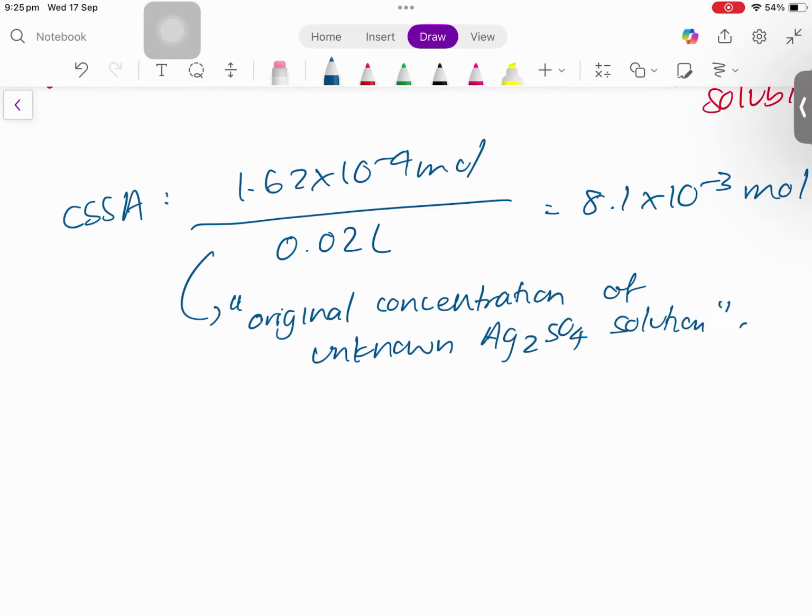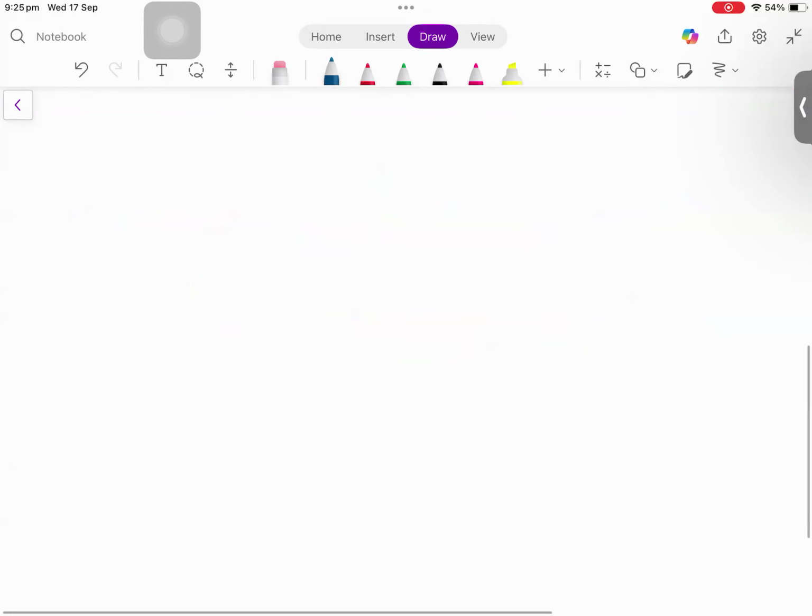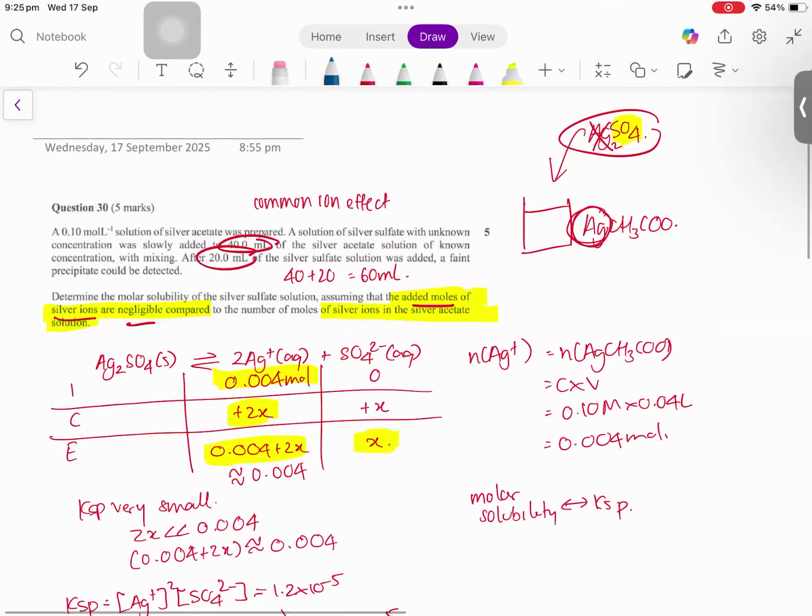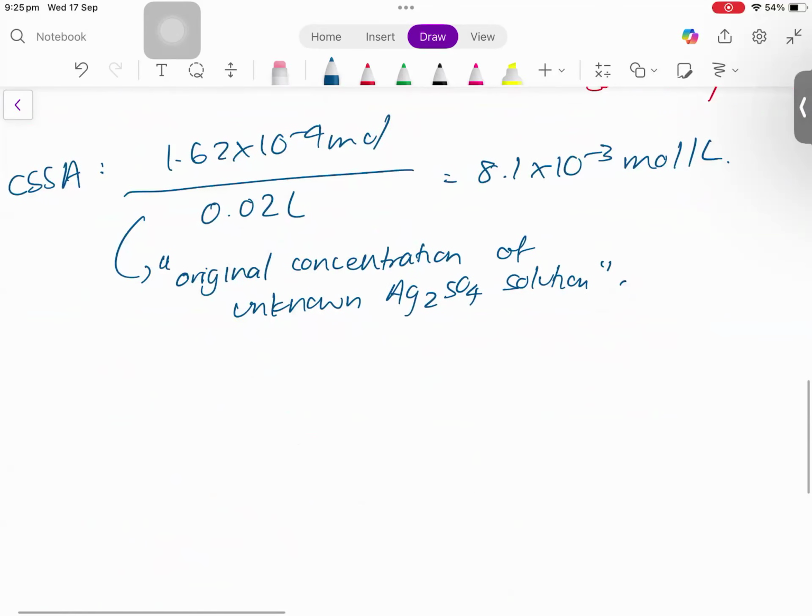Which means what they've calculated is the unknown concentration of the silver sulfate, because remember the question said the silver sulfate concentration was unknown. So at face value, it kind of seems like they haven't even answered their own question. They're not calculating molar solubility.